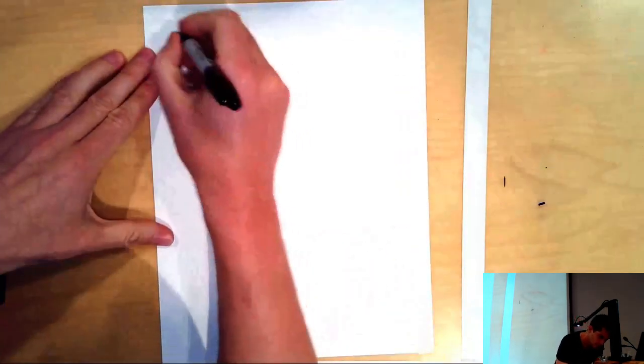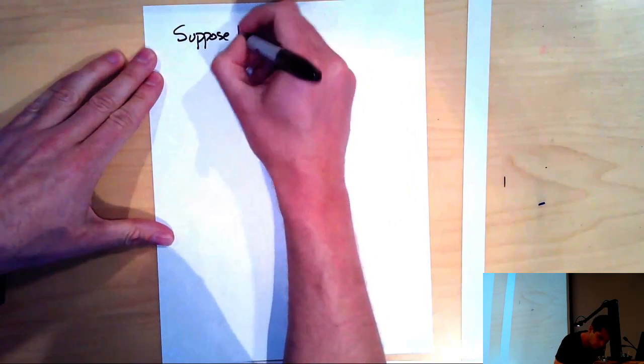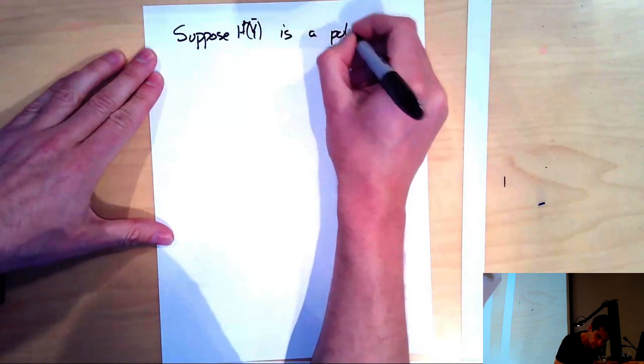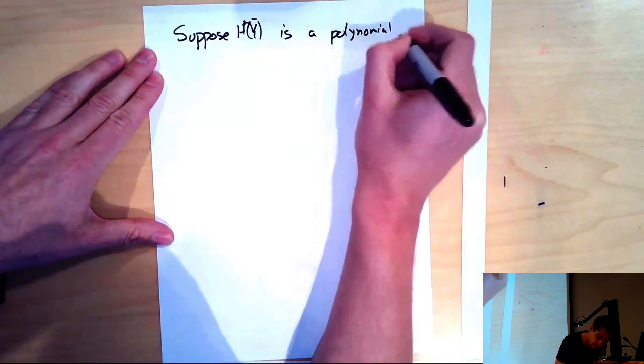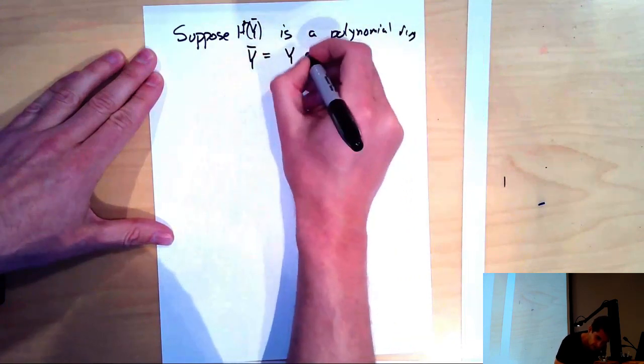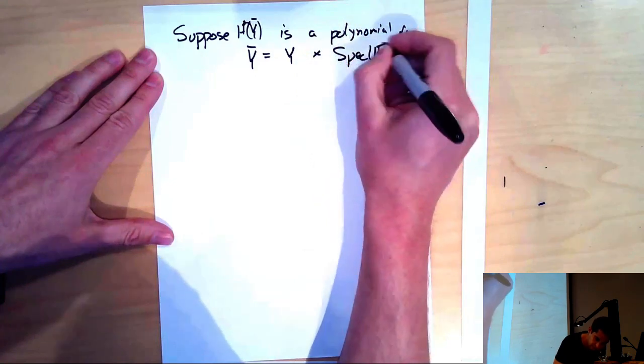So let's just think about what the Grothendieck-Lefschetz trace formula would be saying in this special case where the cohomology of y bar is a polynomial ring. So suppose that the cohomology of y bar is a polynomial ring, and I'm in the situation where y bar is obtained from something that's defined over a finite field spec Fq.